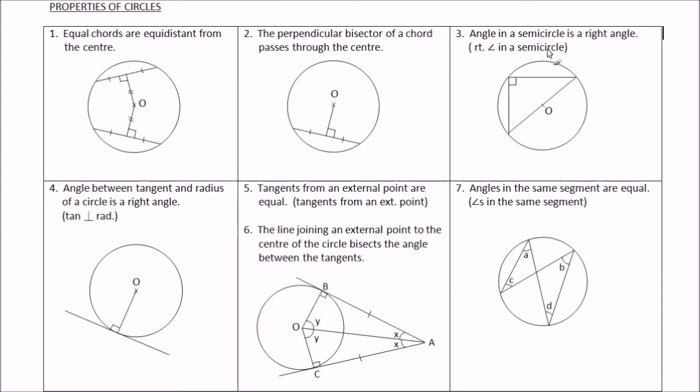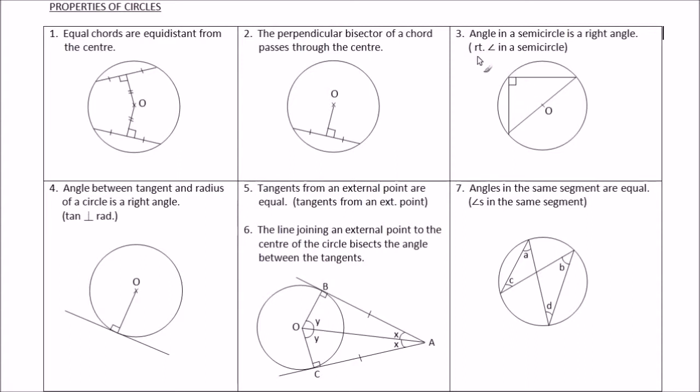The third property is the angle in a semicircle is a right angle. This is a circle and this is a diameter. This means that this is a semicircle here and also a semicircle on this side. The angle that is opposite the diameter is a right angle.